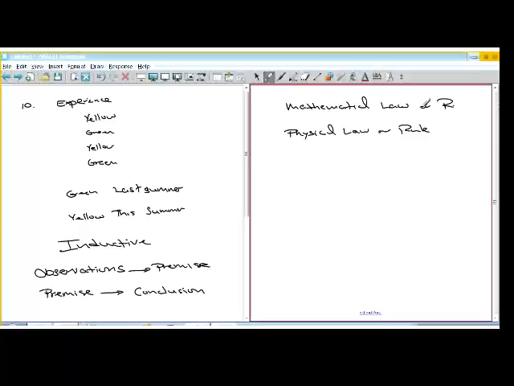And from that rule, you make a conclusion about what will happen for a specific case. So it's basically start with a law that applies to everything, and then you apply that to a specific example. So this is called deductive reasoning.